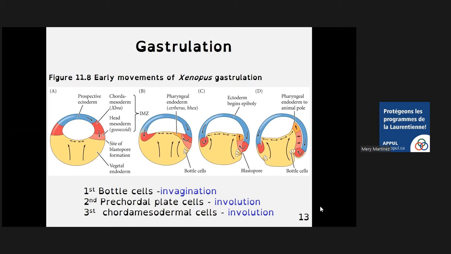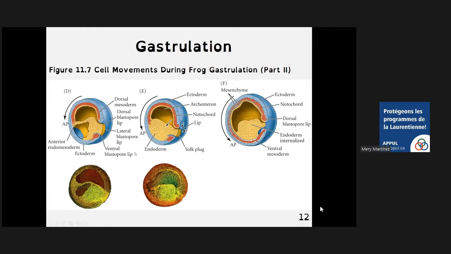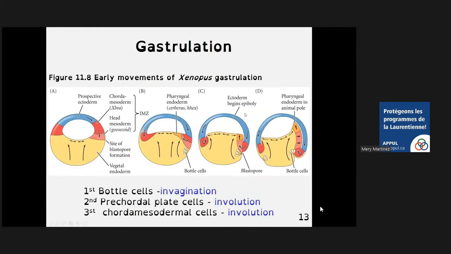Those are precursors of the head mesoderm. So that's what they become, a little red color here. So I'm going to go back, and we see that as they start going in, they become more mesodermal cells. And that is by involution, okay?